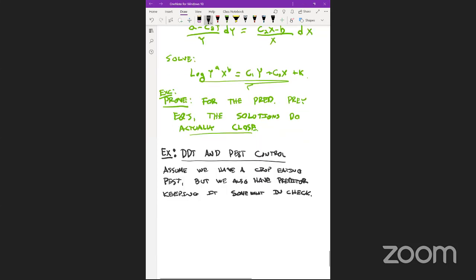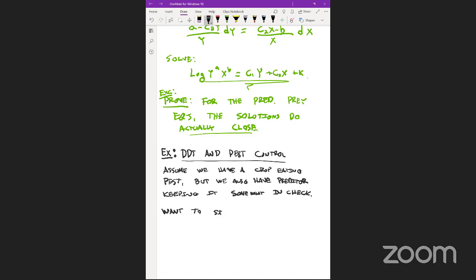So what we want to do is simulate the effect of spraying a chemical agent like DDT that might actually kill both the predator and the prey.